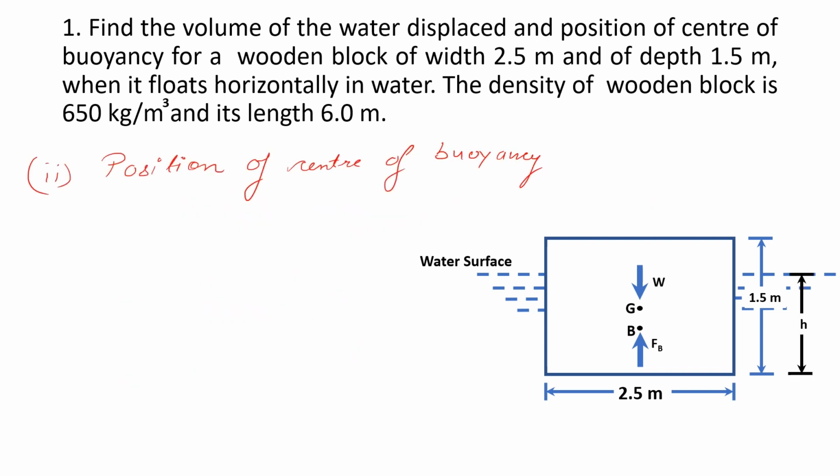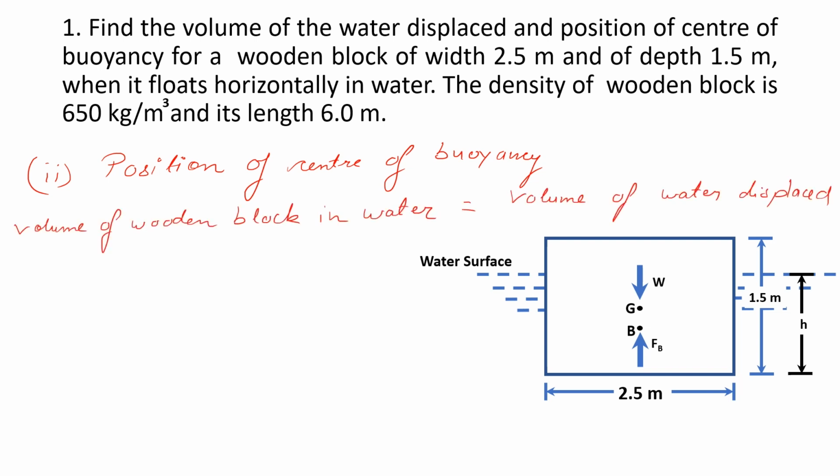And now we will find the position of center of buoyancy. Here the volume of wooden block in water will be equal to the volume of water displaced. Suppose this is our volume of water that has been displaced. So this part contains the volume of water that is displaced by this block.